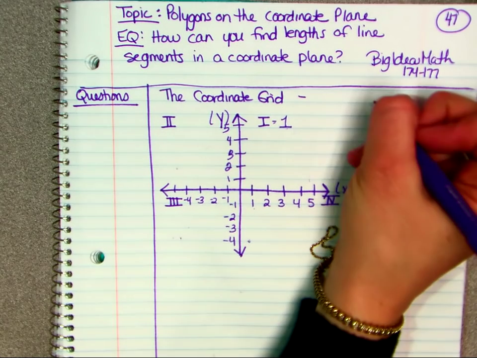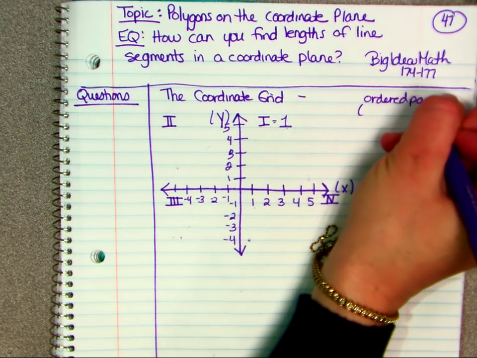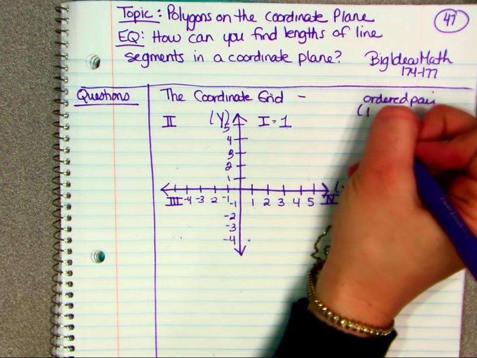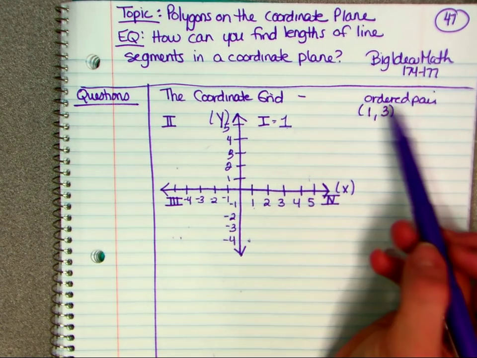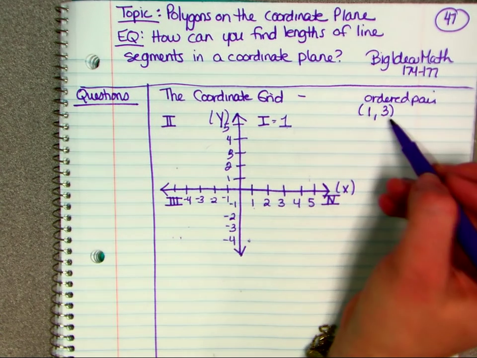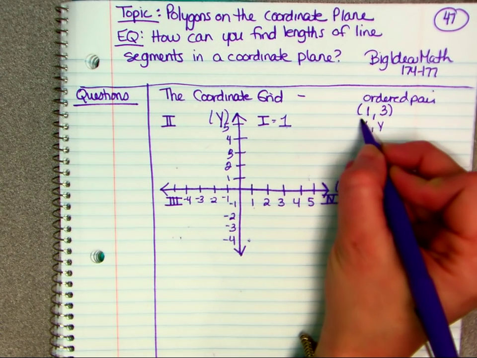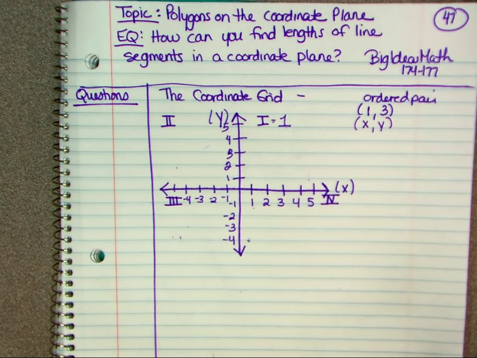Now let's look at what an ordered pair is. This is an ordered pair. An ordered pair has 2 numbers. One represents where the point is located on the X, and one represents where it's located on the Y. When you find those coordinates together, you have a vertex or a point.